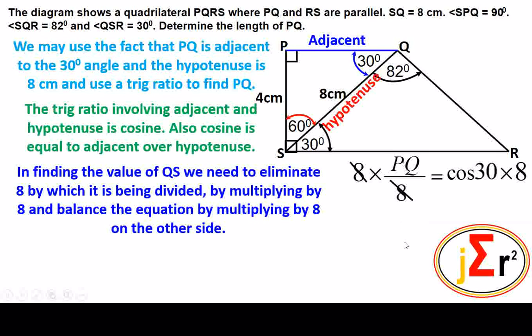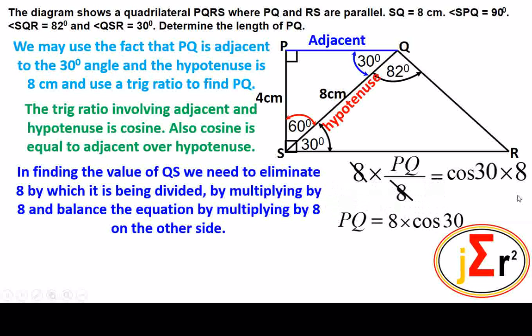Therefore, PQ will remain all by itself on the left hand side, and on the right hand side we will say cos 30 multiplied by 8, or we may say 8 multiplied by cos 30. It doesn't matter the order in which we multiply, the result will be the same.